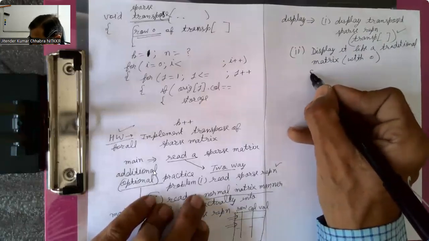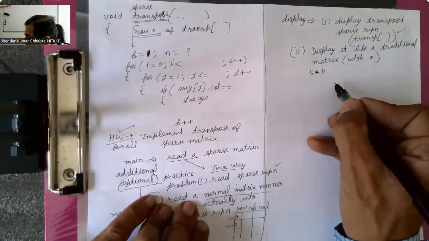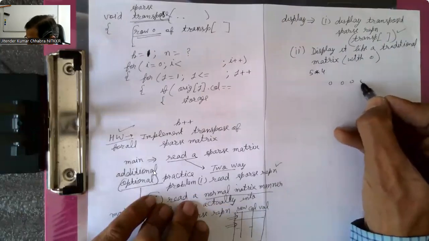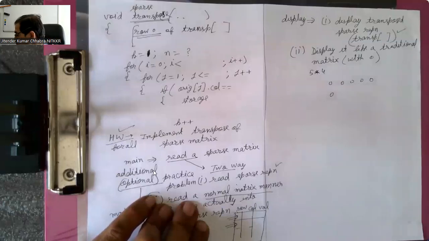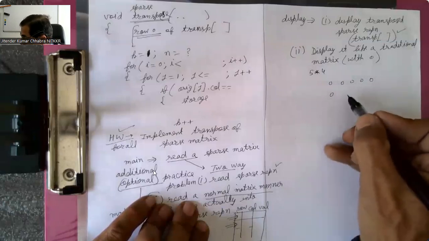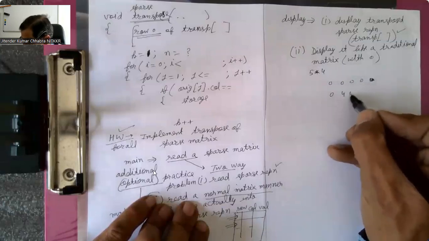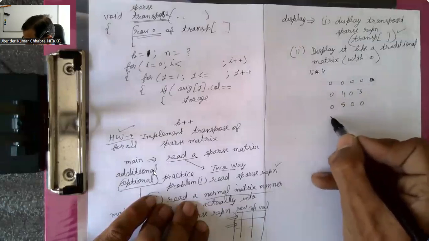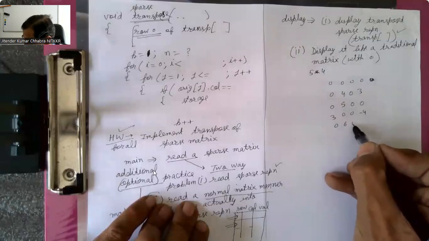That will mean, say, you will display it as a 5 into 4 matrix, saying that my output generated is nothing but 0, 0, 0, 0, 0. I have already probably somewhere stored. Let me just check there and then show you. Yeah, this was 0, 0, 0, 4 zeros, and then 0, 4, 0, 3, 0, 5, 0, 0, 3, 0, 0, minus 4, and 0, 6, 0, 0.